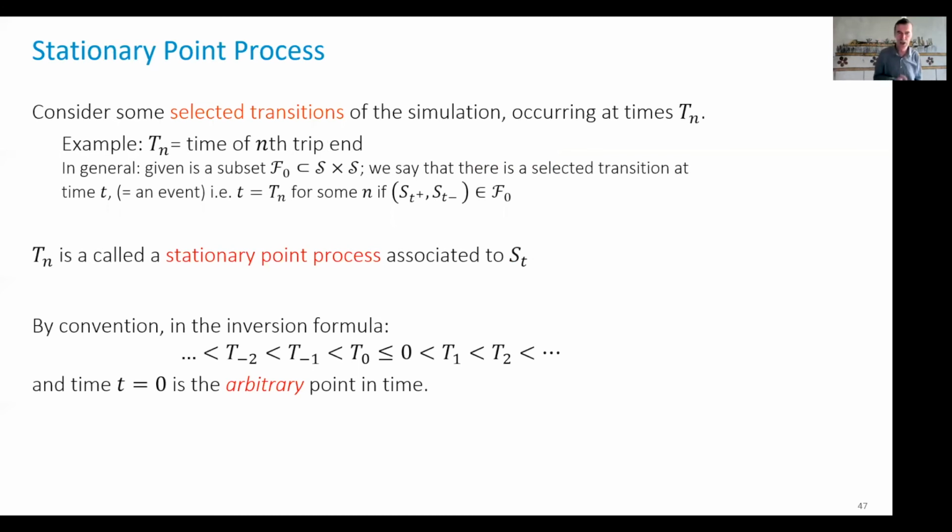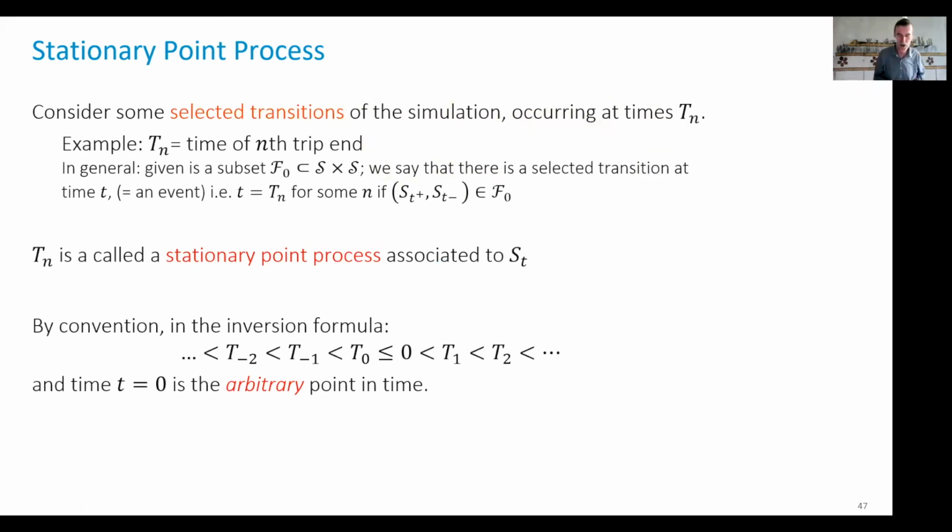We need some notation to make sense of the formulas we will see, and the notation is given here. So I assume I have a simulation, and I observe the simulation at specific times of interest, which I call selected transitions. Selected transitions are when specific events occur that I can define by looking only at the simulation state changes.